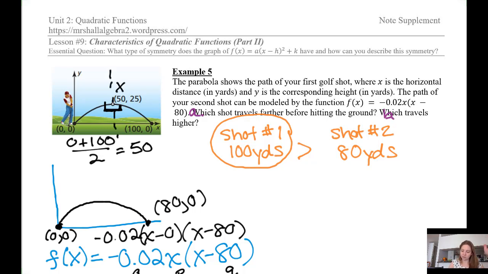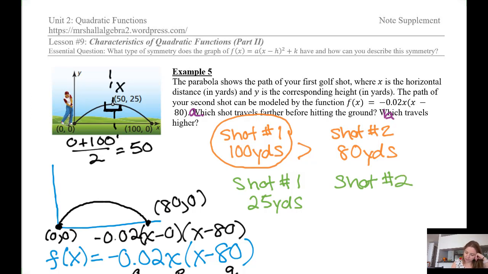So I can fill in already for part B that shot number 1 had a maximum height of 25 yards, right? That's the y value, that's the maximum height. It happened at 50 yards into the ball traveling. It was 25 yards high. And shot number 2, well, I know that the vertex is going to be when x is 40, because if I add 80 plus 0 and divide by 2, I get 40.